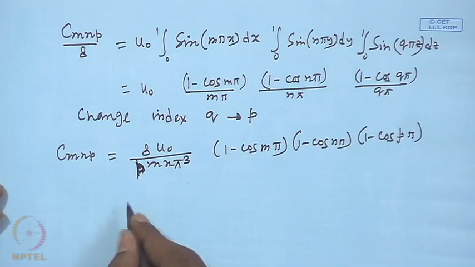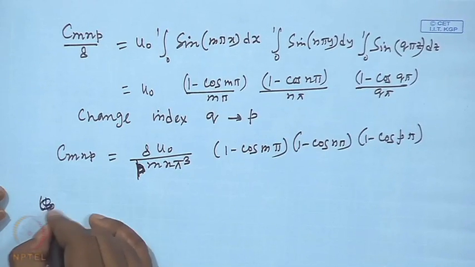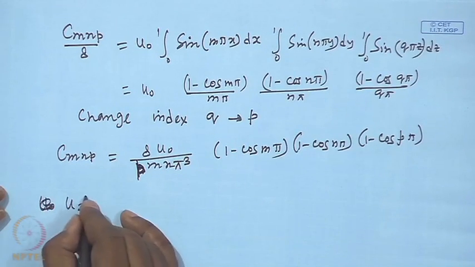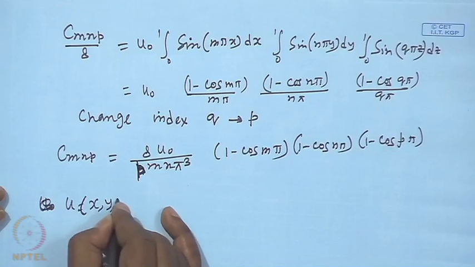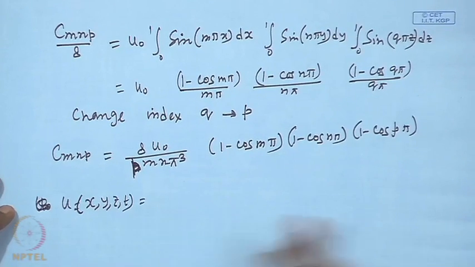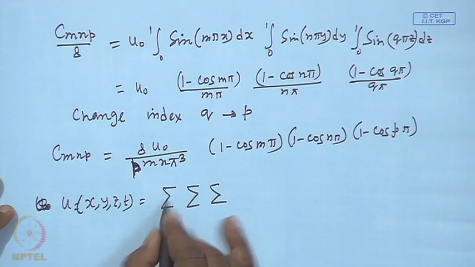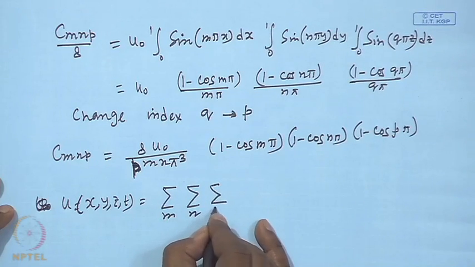So, the complete solution will be evaluated as u as a function of x, y, z, t, as a triple summation over m, n, and p.